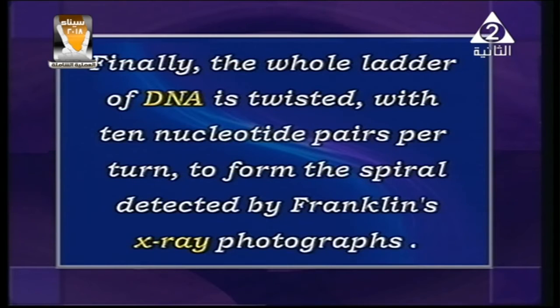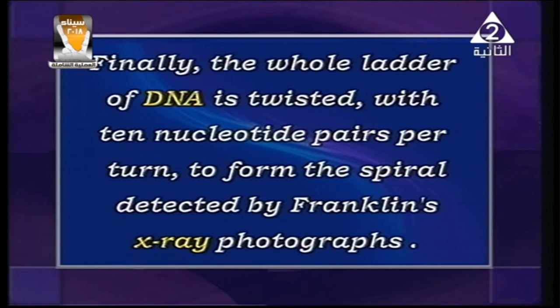Finally, the whole ladder of DNA is twisted, spiraled, with 10 nucleotide pairs per turn. So in each turn of the twisting of the DNA, if you count the number of nucleotides, do you remember the structure of the nucleotide?